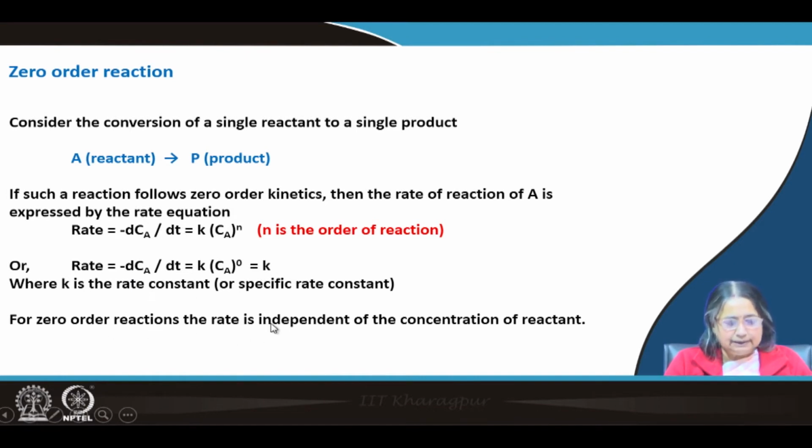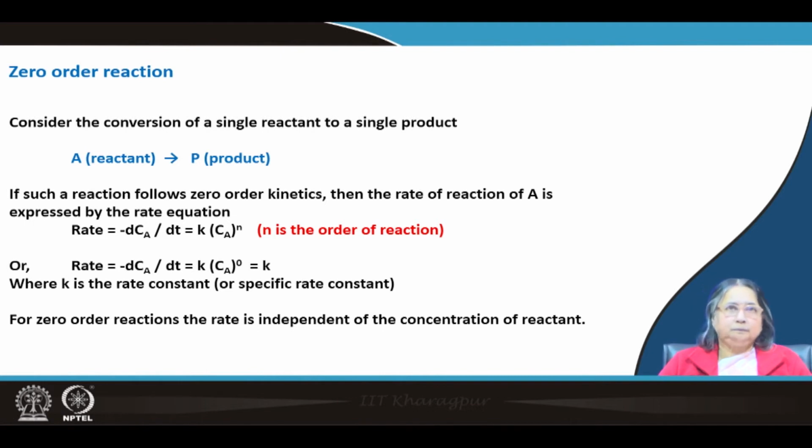So, from here we can tell that for zero order reactions, the rate is independent of the concentration of the reactant, and here k is the rate constant, or specific rate constant, that I already discussed in the previous lecture. Okay.